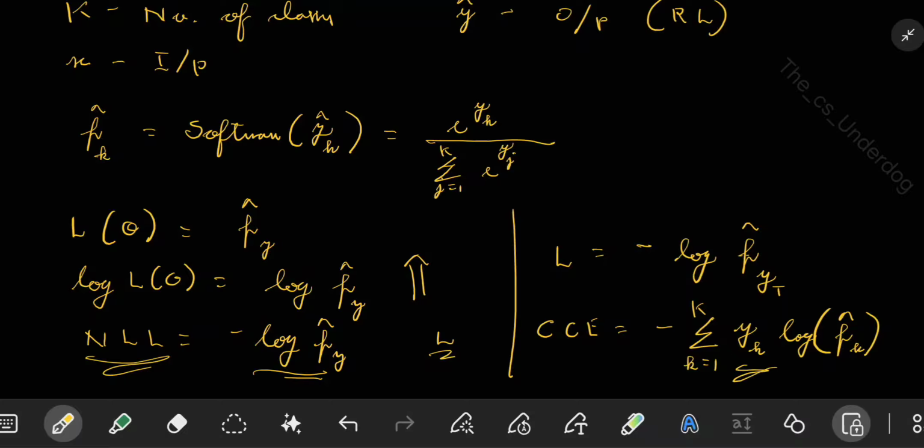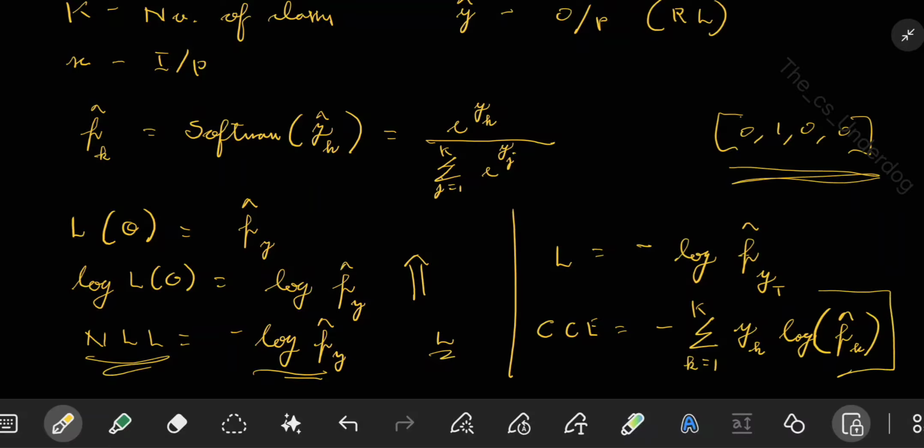If you see this true label y, it was composed of a one-hot vector, which means among all the terms in this summation, all the terms will be 0 except one particular term, which is the true class. When you do this summation, yk's value will be 0 in all cases except one particular case which corresponds to the true class.